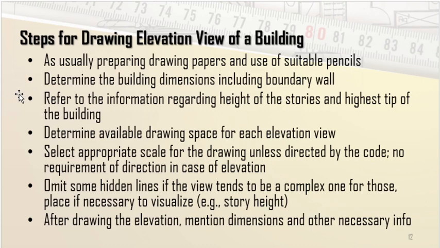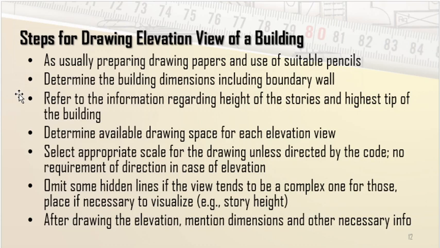Say for example, if we want to show all the components lying behind this particular elevation view, and we see that these hidden lines are obstructing and making it very complex to understand what the actual outside view is, then you can omit those hidden lines if necessary.